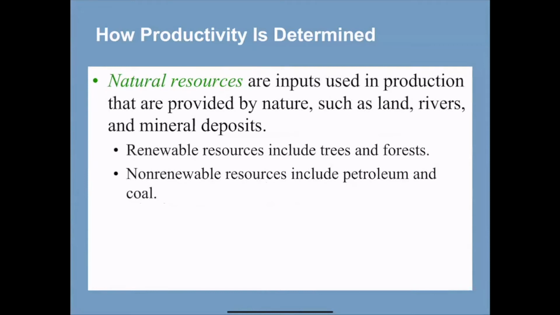The third one is natural resources, which stand for everything provided by nature. If you have abundant land, then you can have more area to construct, to do agriculture, or to do manufacturing, right? Or mineral deposits.